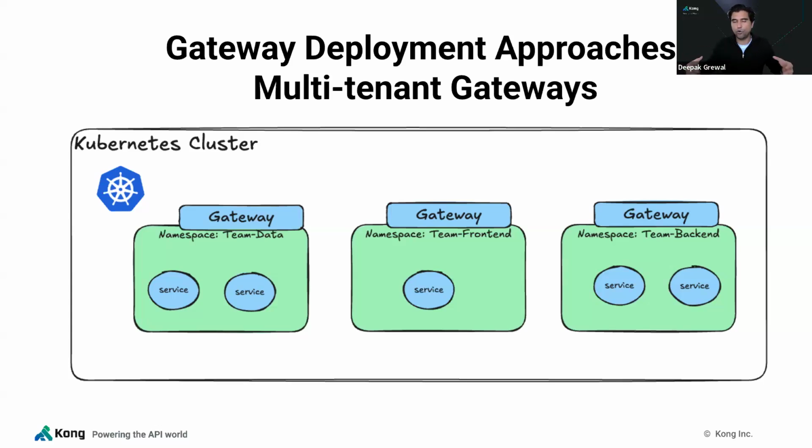They can manage their own versioning of those gateways. They can manage their own type of gateways that they're installing. It doesn't always have to be Kong. One team could be installing Nginx, one team could be installing Kong. So those are different ways, but this is for this structure.